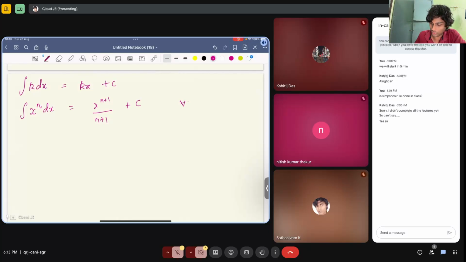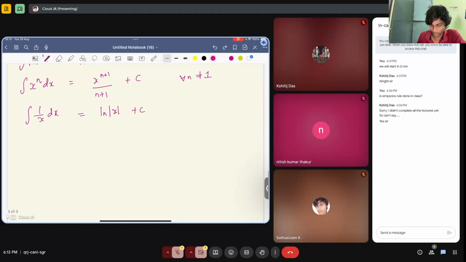This is true for all n not equal to minus 1. And when n equals minus 1, you have integral 1 by x dx. So this is nothing but the natural logarithm of mod x plus c. Okay. If you only consider the positive direction, then you don't have to write the mod here. Well, you need mod anyway, so it's an indefinite integral.